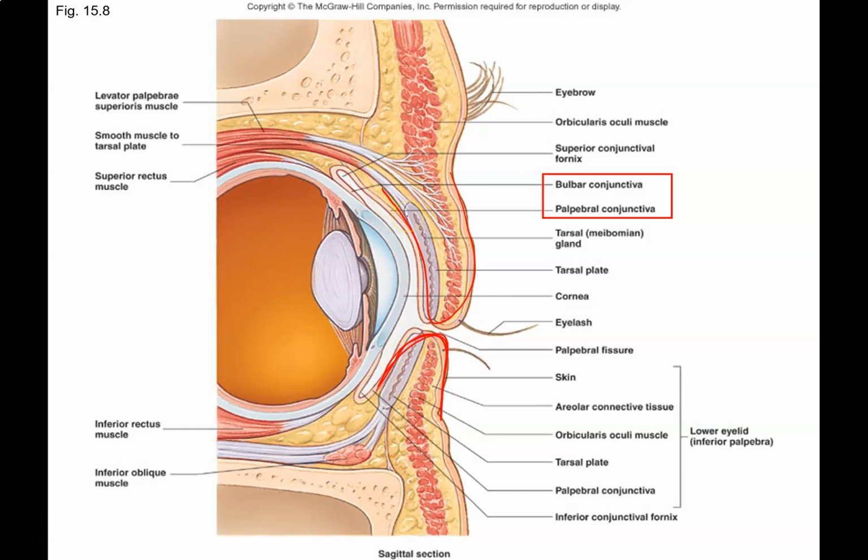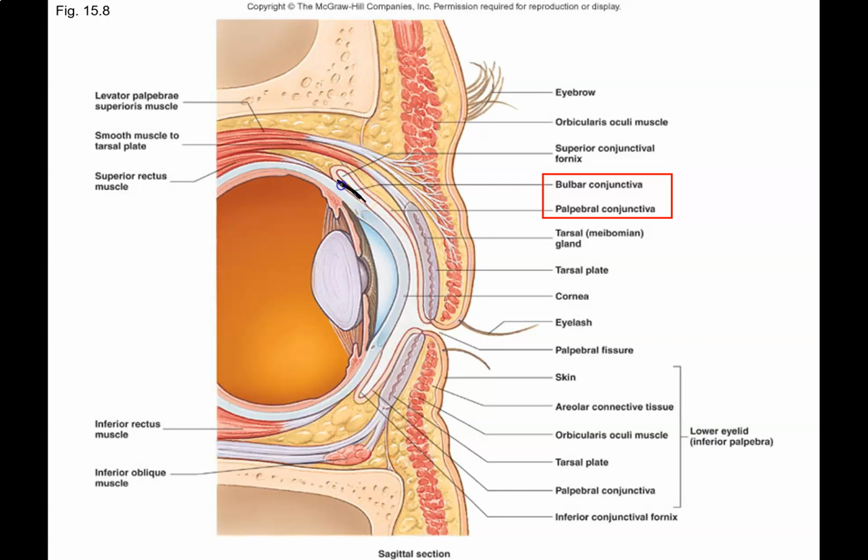Okay? And what I want to do is use this image to kind of explain the conjunctiva. When you look at the conjunctiva, it's a mucous membrane. And what it does is it covers the external portion of the sclera, which is the white of the eye.